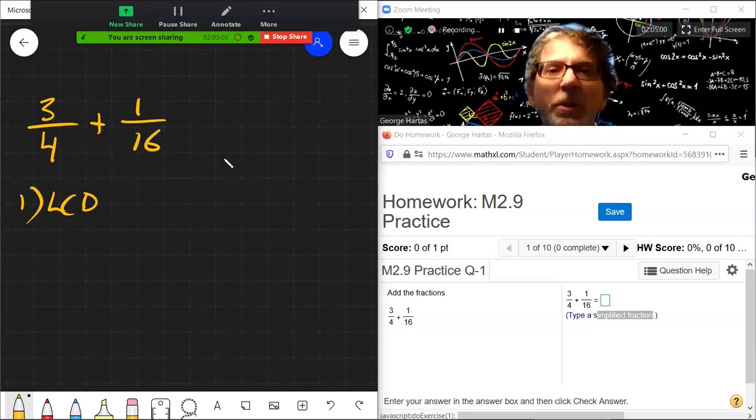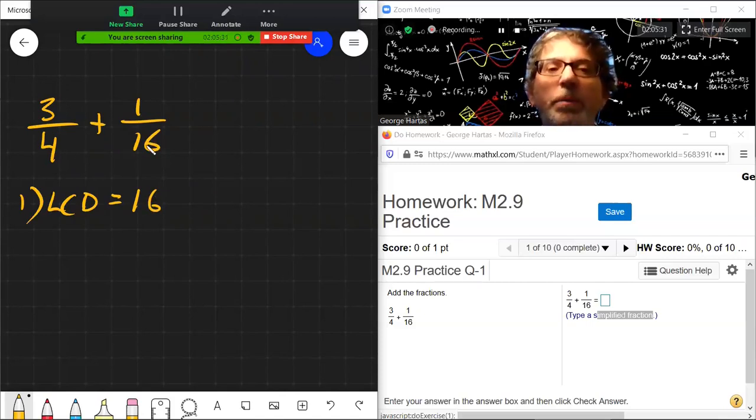One list of multiples, you said. Correct. Because for the one list of multiples, we ask the question, can the smaller denominator divide evenly into the bigger denominator? And the answer is definitely, yes, it can. So therefore, the LCD is the bigger denominator.